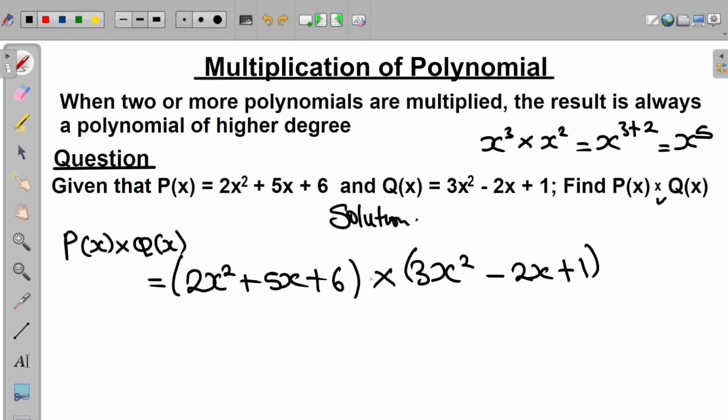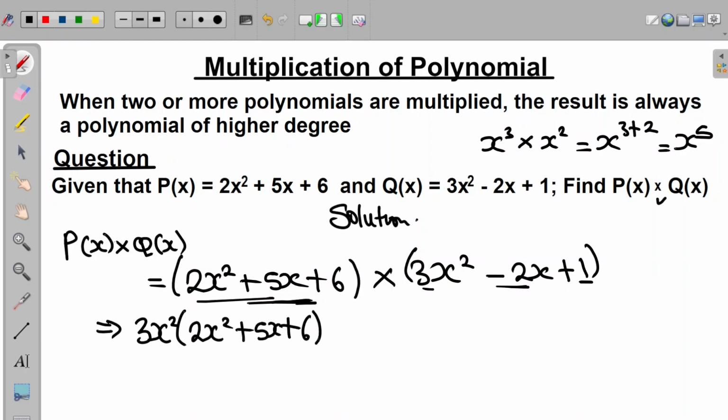Now, for us to carry out the multiplication, we multiply the first term here by this expression, and also multiply the second term in this bracket by this expression, and then multiply the third term in this bracket by this expression. So this now becomes 3x squared multiplied by 2x squared plus 5x plus 6, close the bracket.